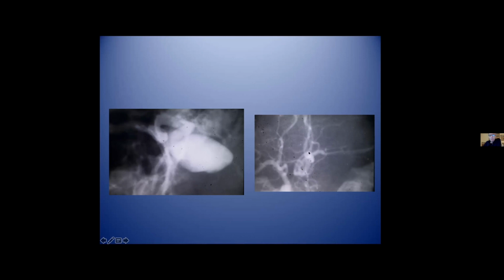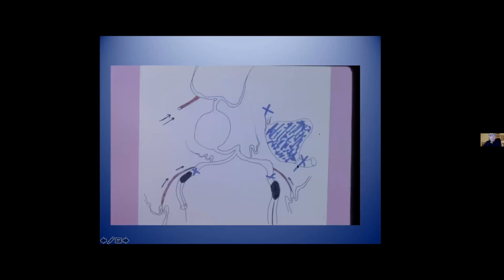This is the anterior communicant artery. But the patient have 20 years later developed an aneurysm. This is the old aneurysm treated by surgery.